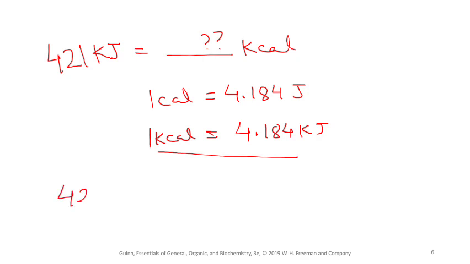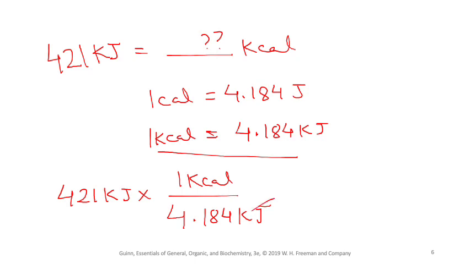So I can make one conversion factor using this equivalency that we just did. I can say 421 kilojoules, and I can write 4.184 kilojoules on the bottom and 1 kilocalorie on the top.